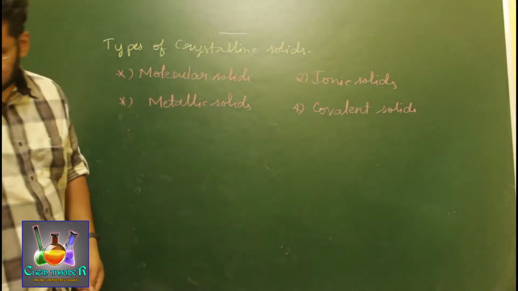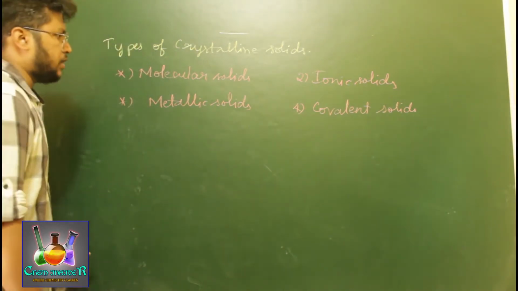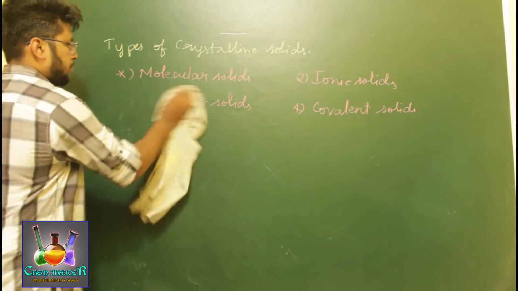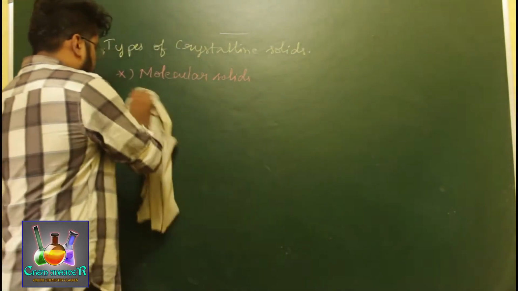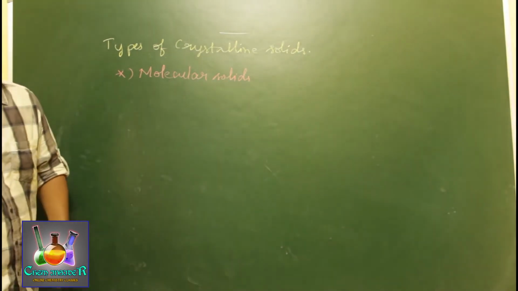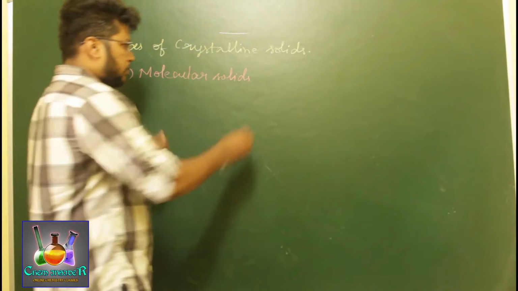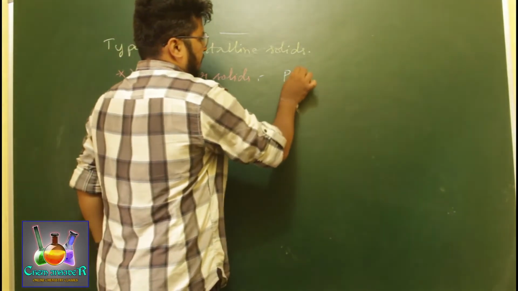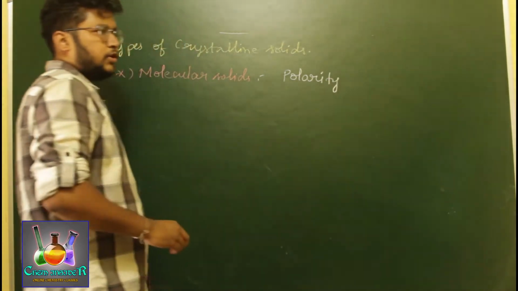So now we'll first discuss molecular solids. How are these molecular solids formed? Before going through the types of molecular solids, we need to first discuss a property called polarity, or polar nature of an atom or molecule.